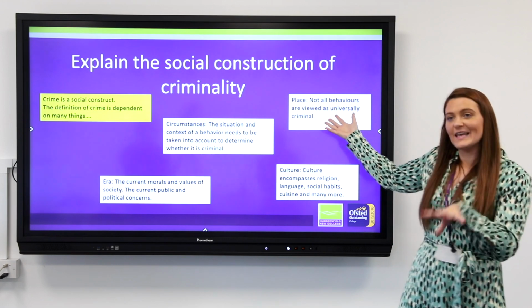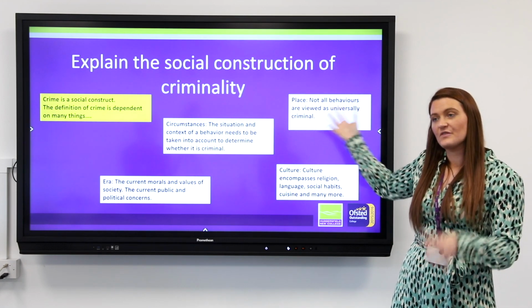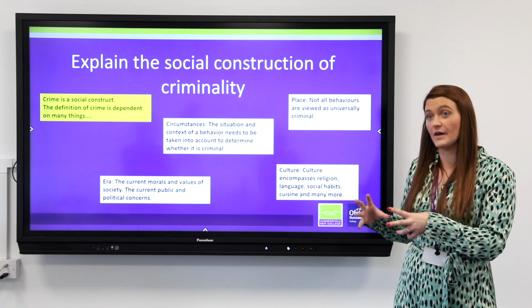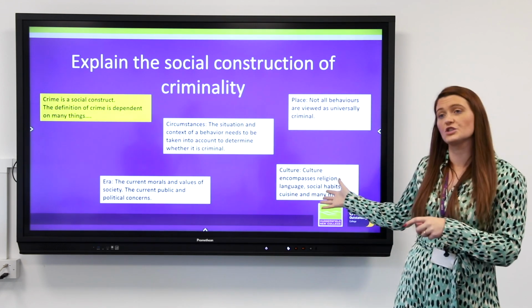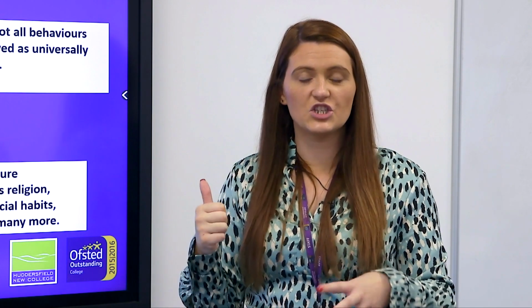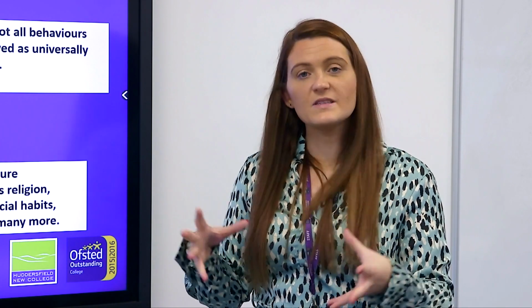Sometimes you need to look at the place, the country where you are. Certain behaviours might be criminal in one country but decriminalised in another. And finally, culture. Culture encompasses many things such as religion, social norms and customs of that society, and those things heavily impact the definition of crime.